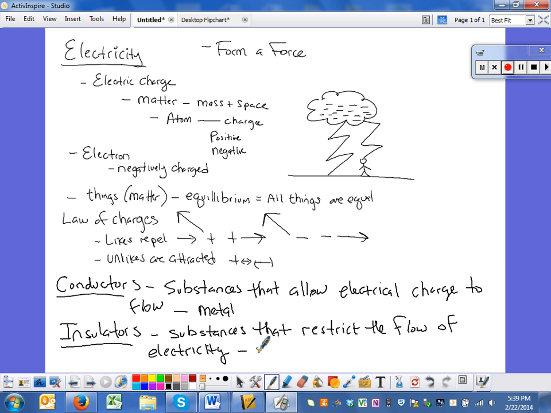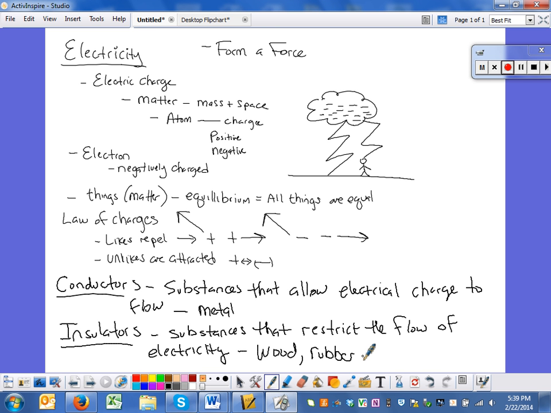Okay, like wood, rubber is a good one, and they won't allow electricity to flow. And that's why you make a wire out of copper, and then they coat it with plastic or rubber. Then the electricity, the electrons that are passing through that can't get out.